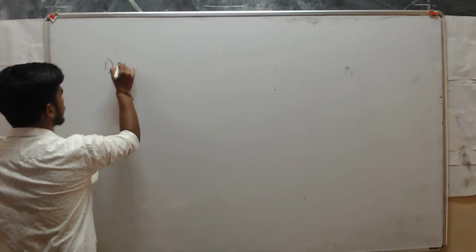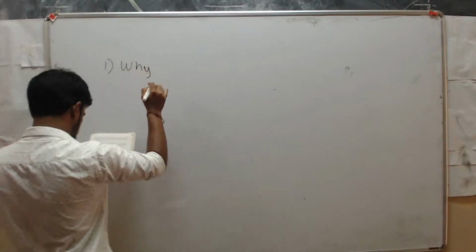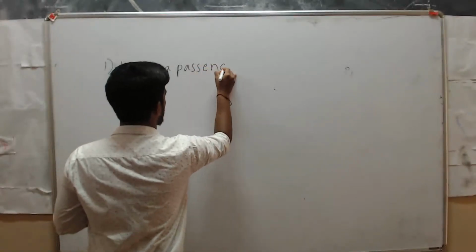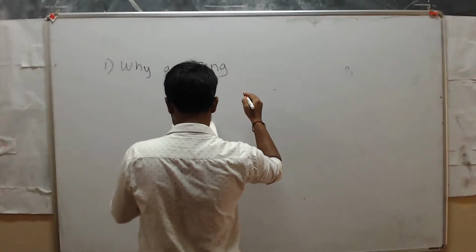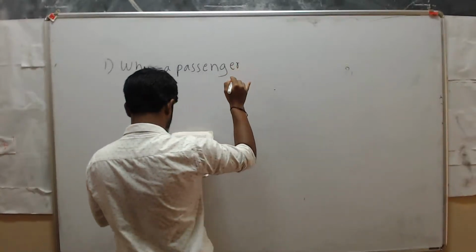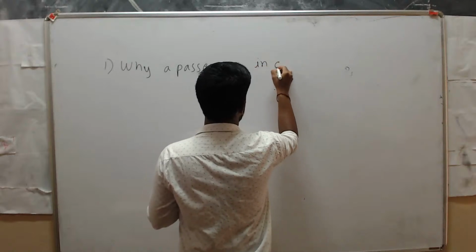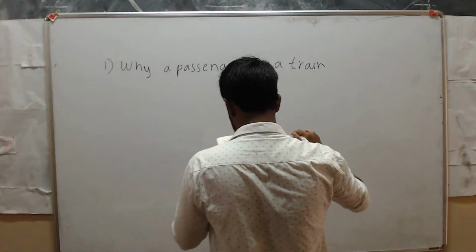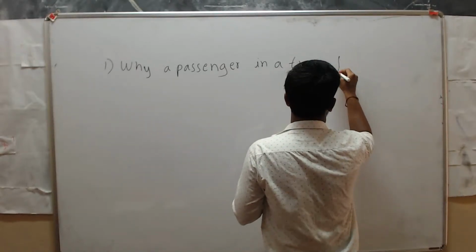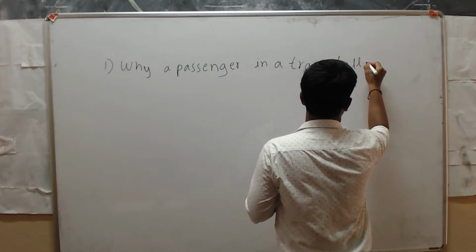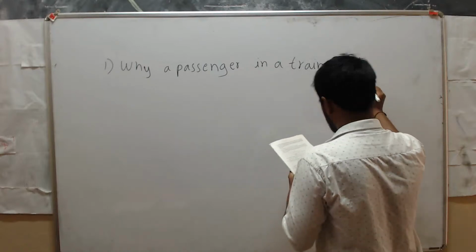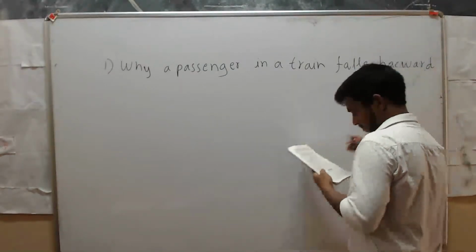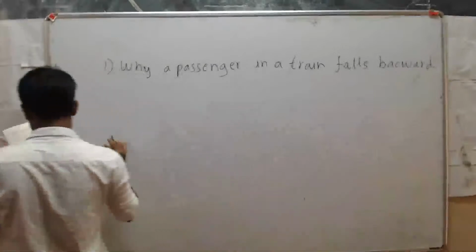Question one: Why does a passenger in a train fall backward when the train suddenly moves forward?